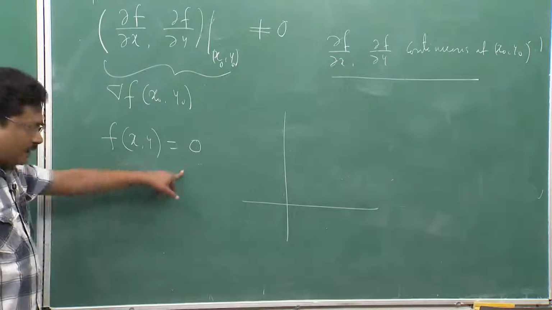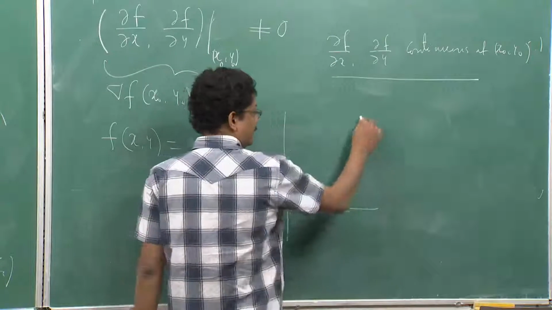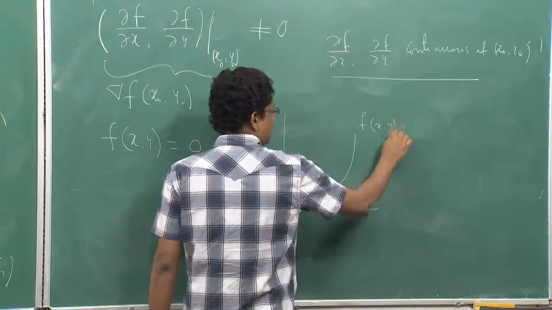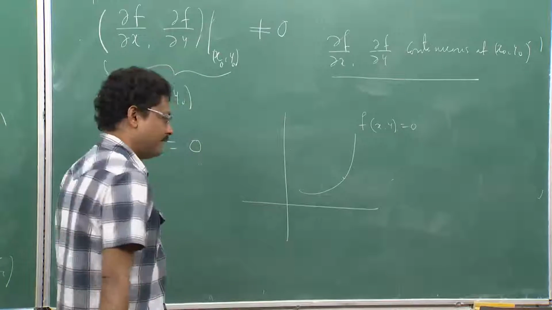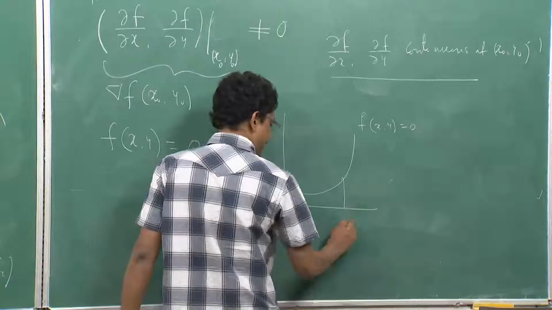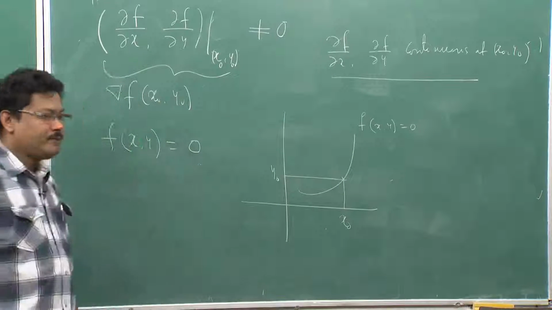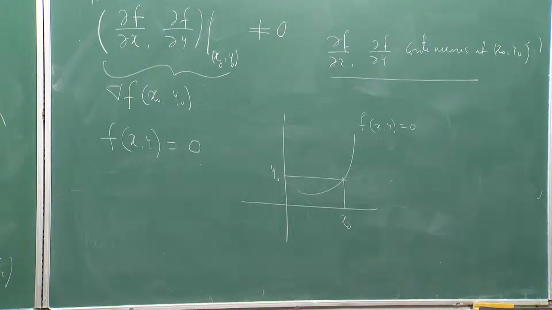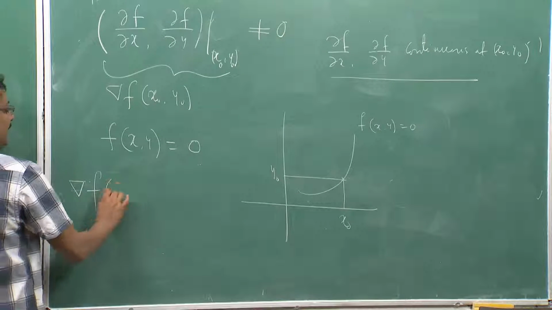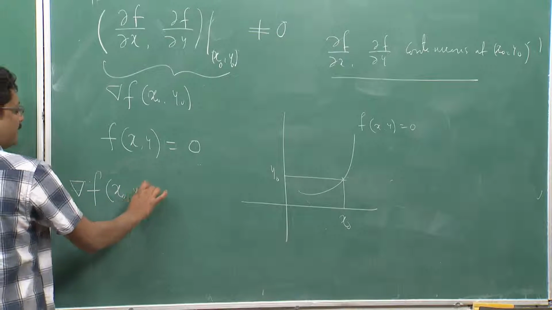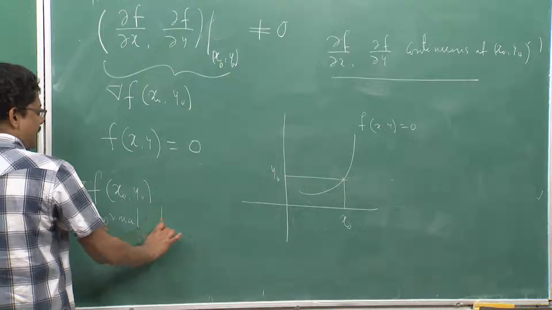If I have a level curve, let us say this, and I fix a point (x naught, y naught) here, then you can check very easily that this fellow is precisely the normal at (x naught, y naught).